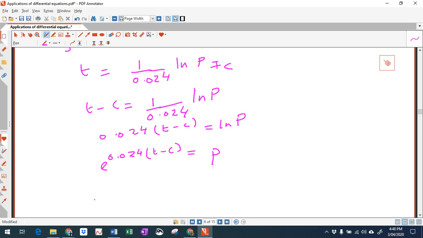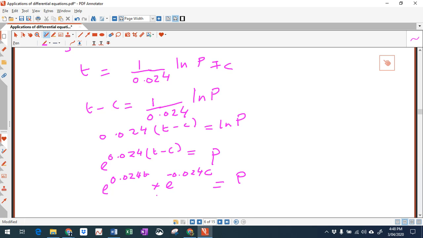Okay, now from here, I'm going to split this up. e to the 0.024t times by e to the minus 0.024c equals p.